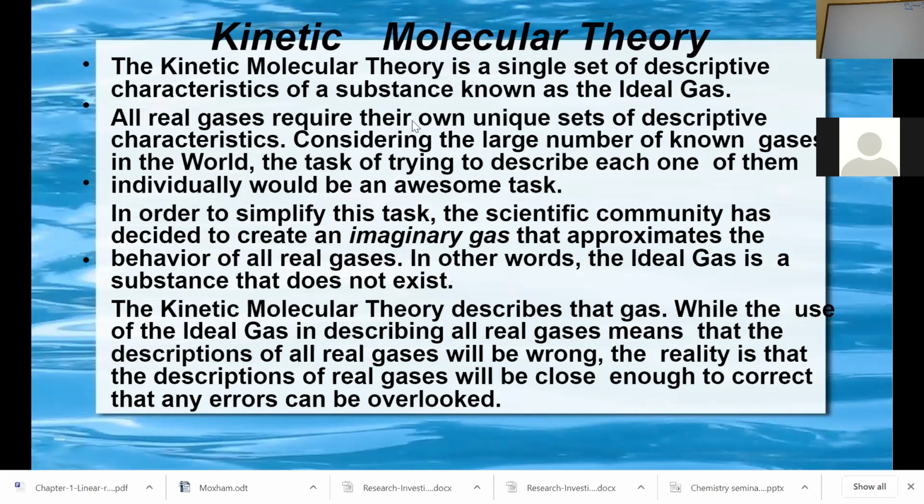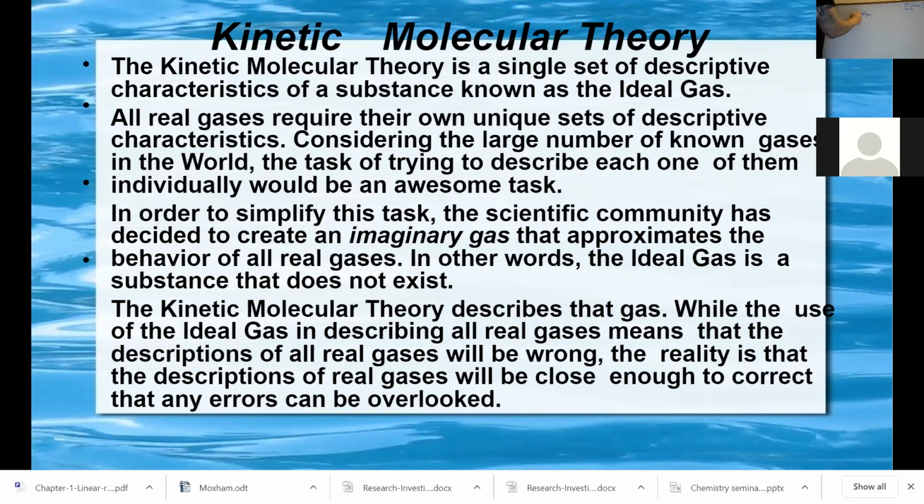Okay, so kinetic, it's a giant wall of text here. The kinetic molecular theory gives us this ideal gas. And we create an imaginary gas. This is our, I don't know, salt gas.